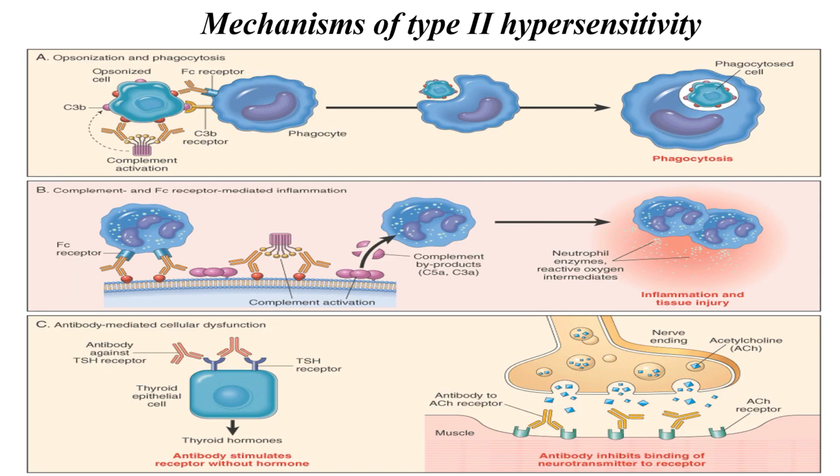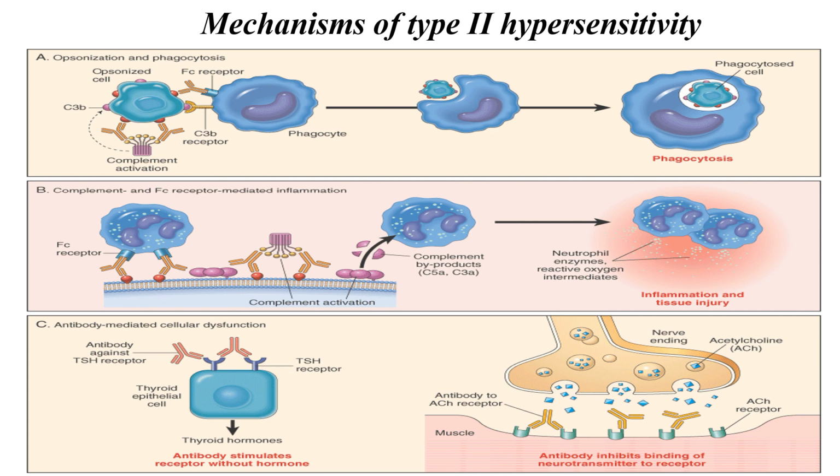This slide is very interesting, on the mechanism of type 2 hypersensitivity. I want to explain this hypersensitive reaction again. The reaction has three mechanisms: phagocytosis, complement-dependent cell lysis, and antibody-dependent cell lysis. In the phagocytosis mechanism, phagocytes are activated and phagocytose the abnormal cell.